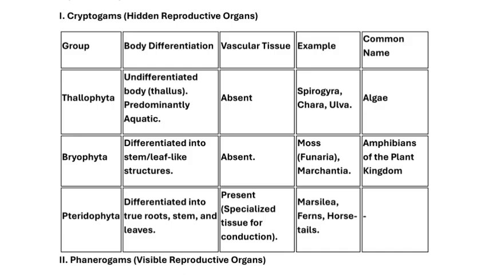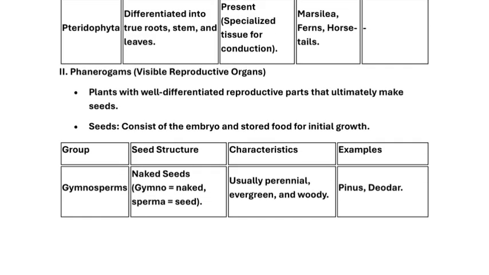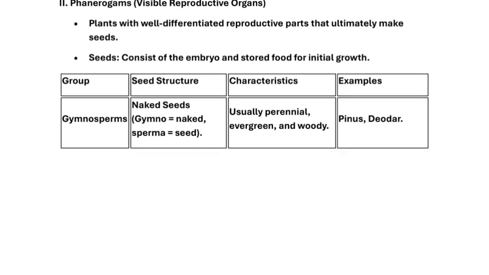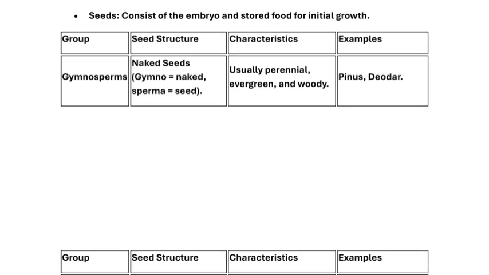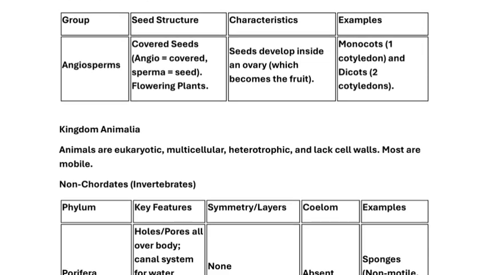Examples: Marsilea, ferns, horsetails. Two: Phanerogams, with visible reproductive organs, are plants with well-differentiated reproductive parts that ultimately make seeds. Seeds consist of the embryo and stored food for initial growth. Gymnosperms: gymno means naked, sperma means seed, so naked seeds. Usually perennial, evergreen, and woody.